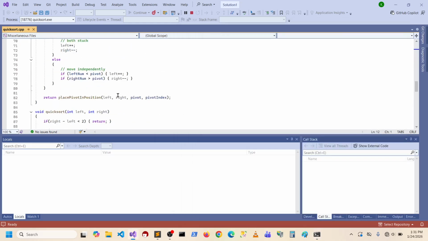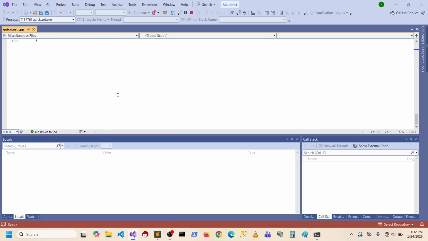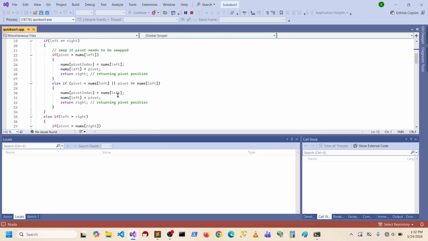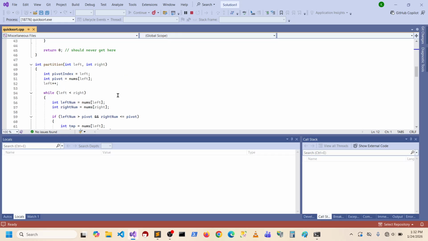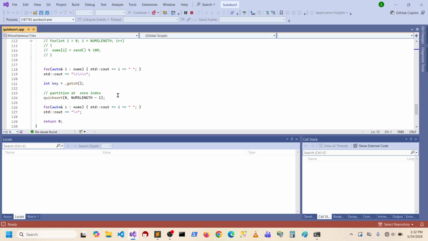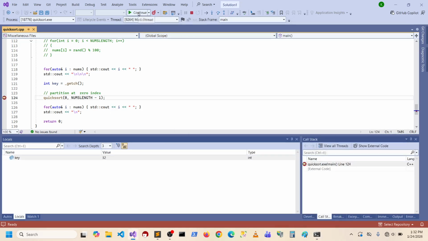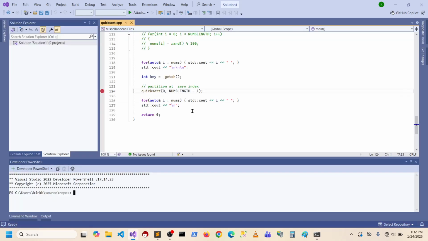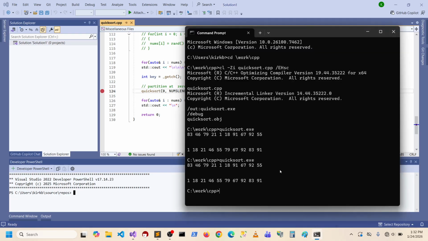Where's our break point? Don't have any. Oh man, I hit the wrong button. Oops. But yeah, see how it ends up? So 92 ends up back here.